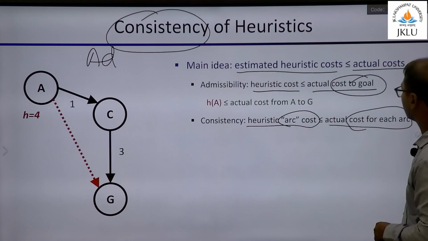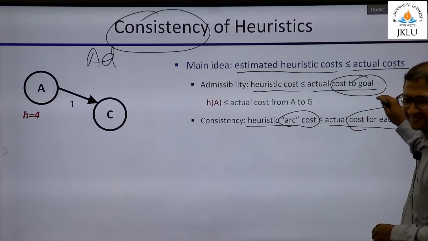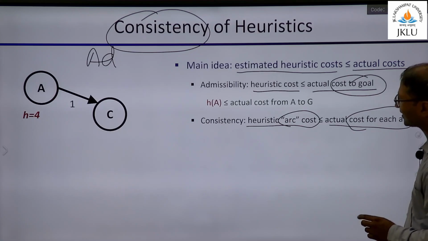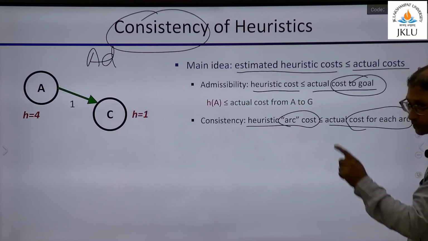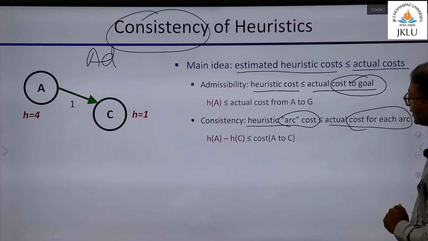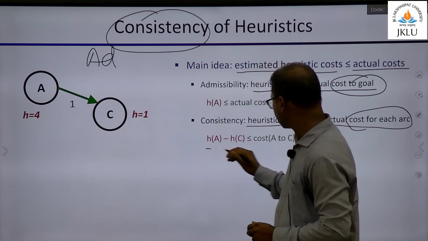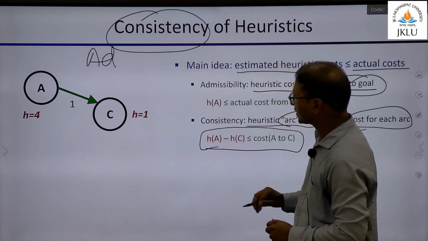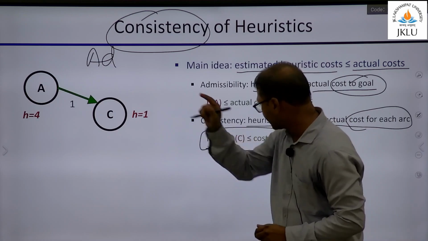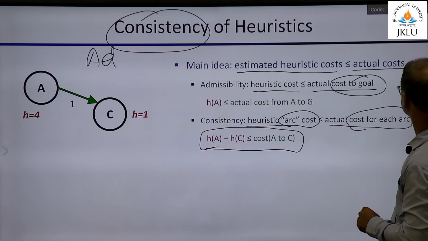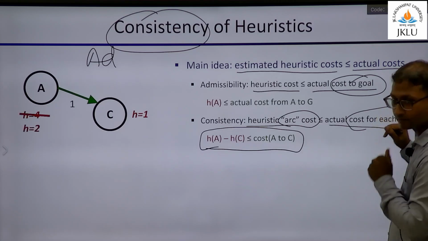Now, okay, so now A to C, H equal to 1, HA minus HC. Remember this? This is the definition of your consistency. HA minus HC has to be less than the cost from A to C. Done?